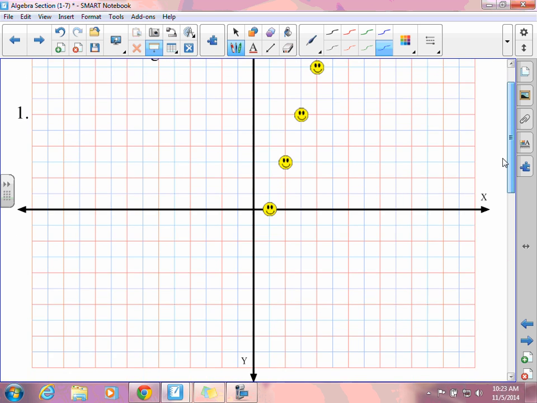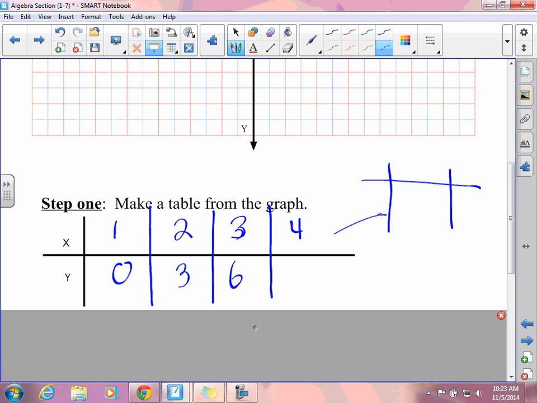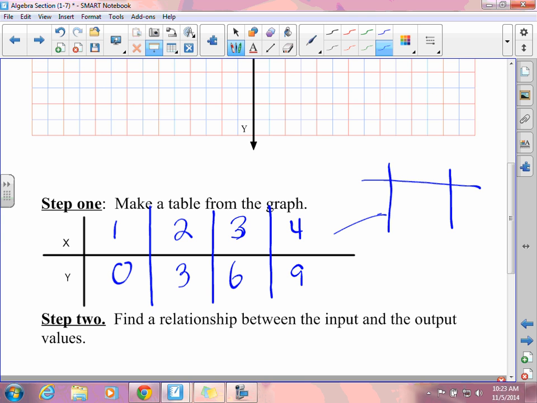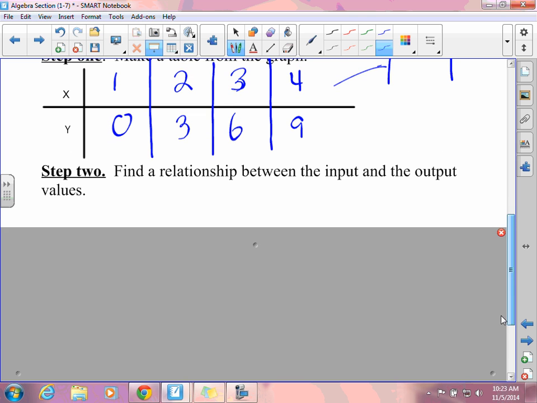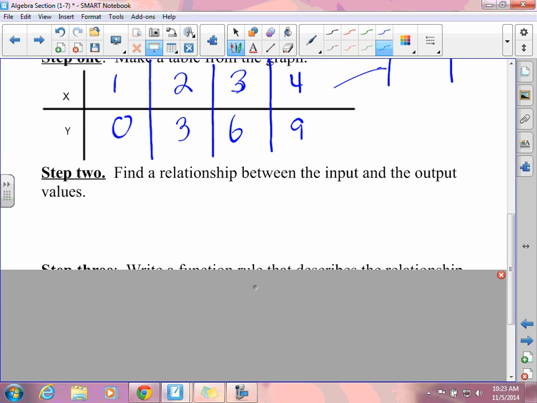Okay. Next step. It asks me to find the relationship between the input and output. What do I do to the input to get the output? And that's that question again. What do I do to the input to get the output?